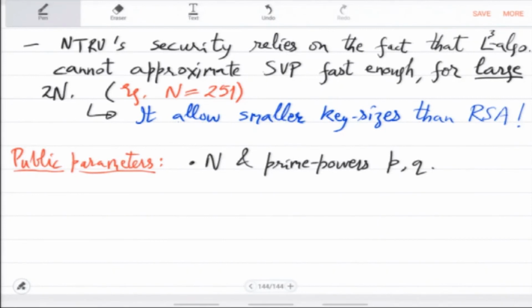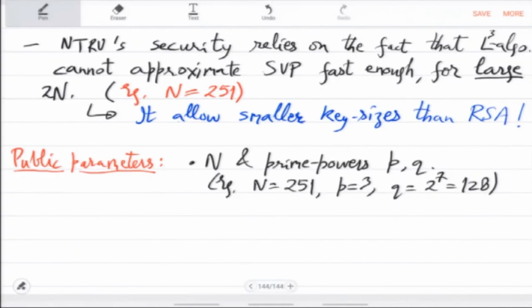So you can keep this example in mind: n is 251, p is 3, q is 2 raised to 7, so 128.